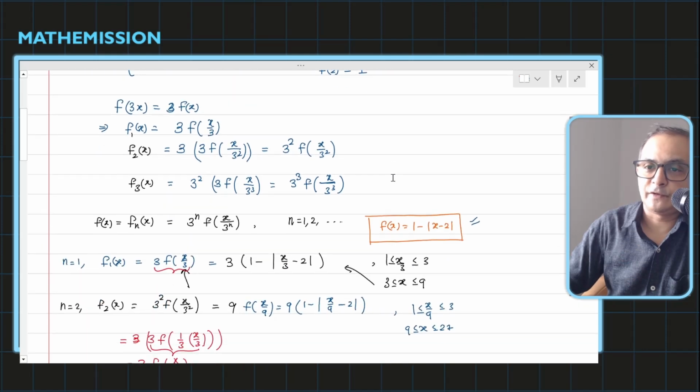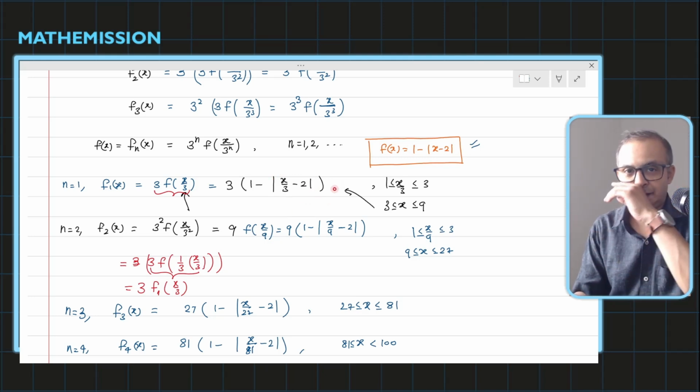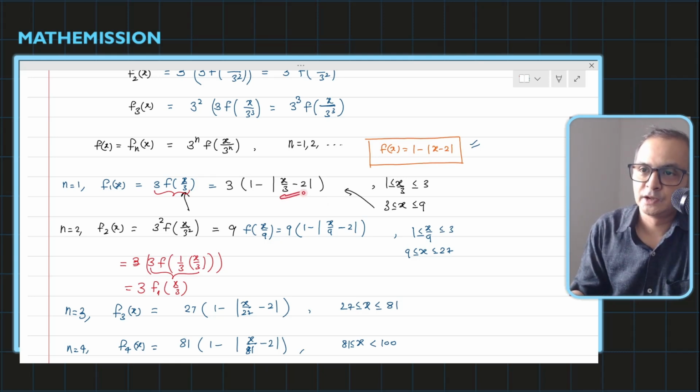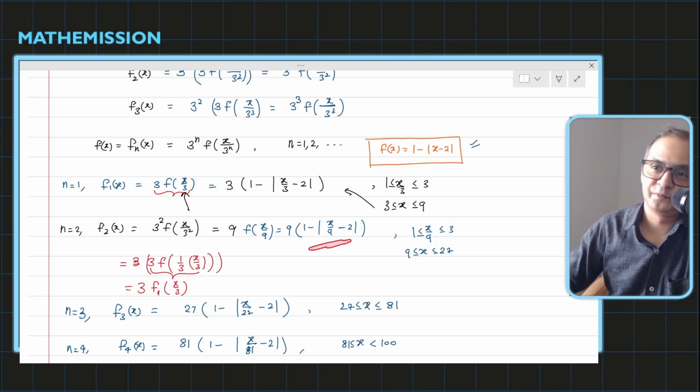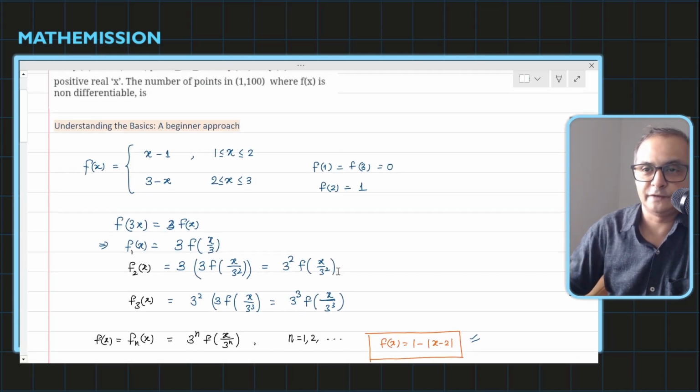In the same way, if you define f1x by breaking it down into pieces, you can realize that it is going from 3 to 9, so the break will happen at 6, because at 6 this is going to be 0. So from 3 to 6 and 6 to 9, there's a modulus break. If you see the corner point at 6, this will give you the point of non-differentiability at 6. This will give you the point of non-differentiability at 18, and this will give you the point of non-differentiability at 54. So far we got 4 points of non-differentiability.